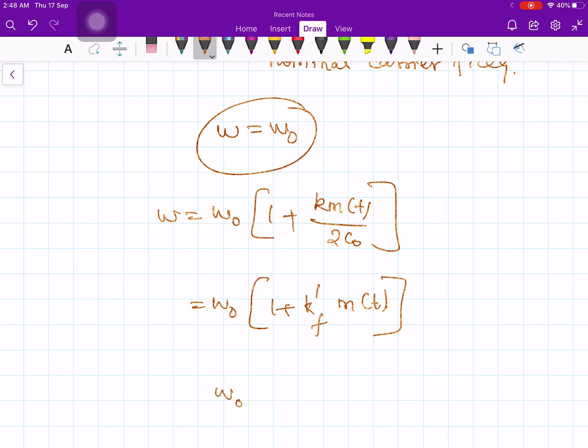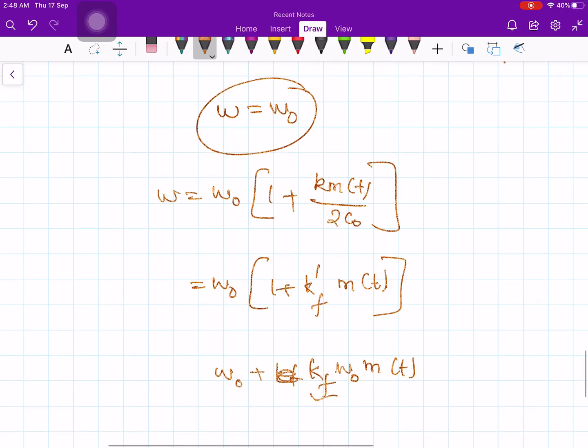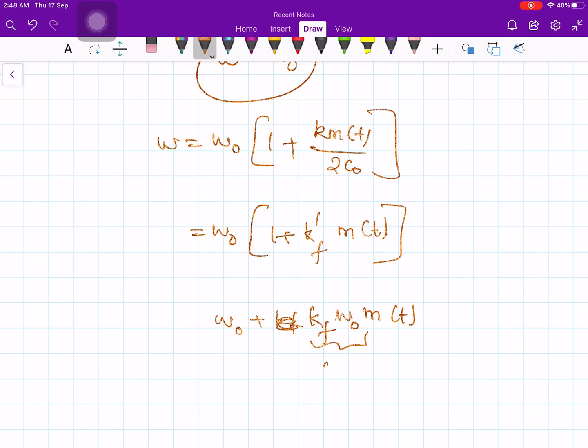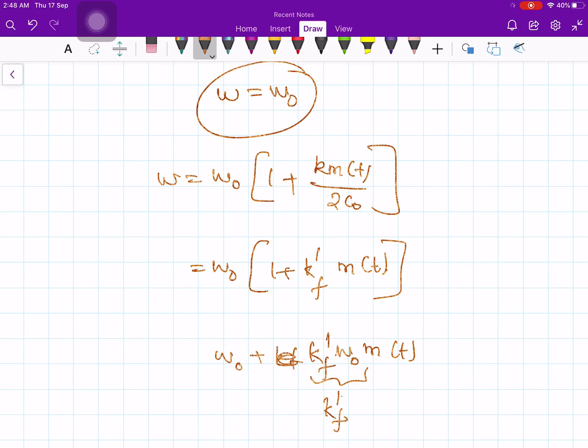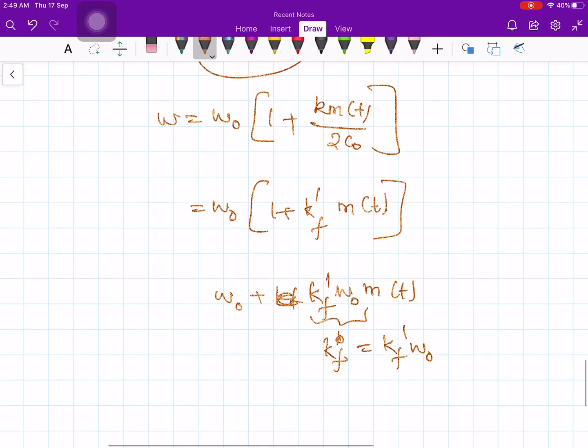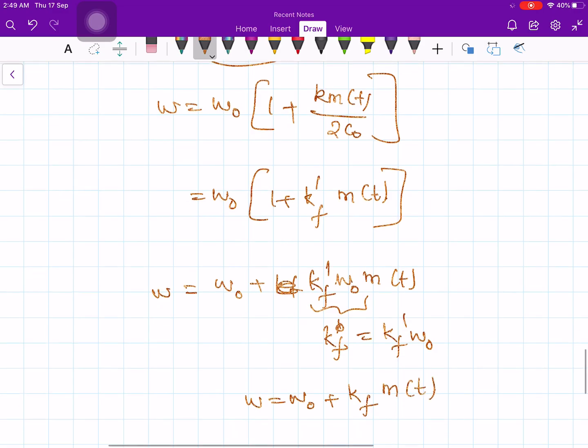Now let me call these two terms Kf dash. Therefore omega is equal to omega naught plus Kf times m of t, where Kf is equal to Kf dash times omega naught. That's it.